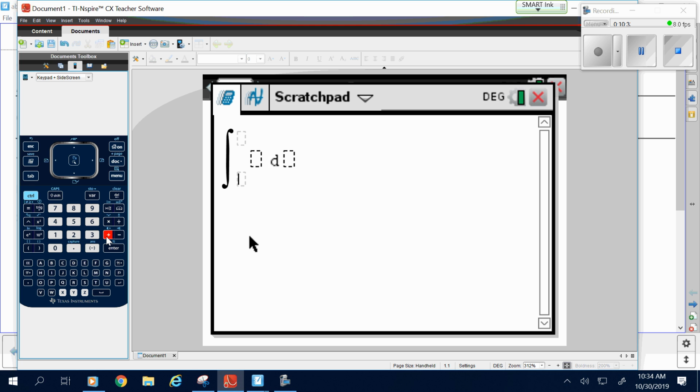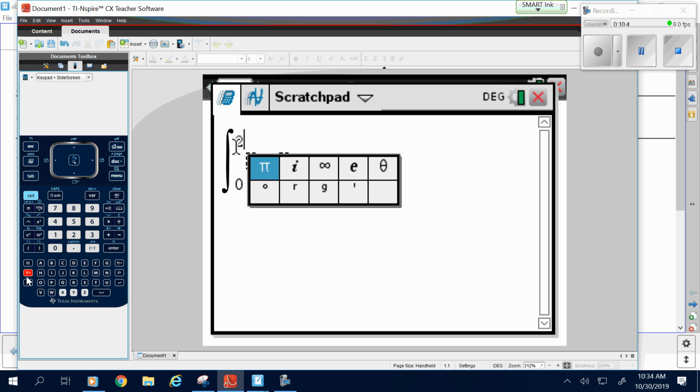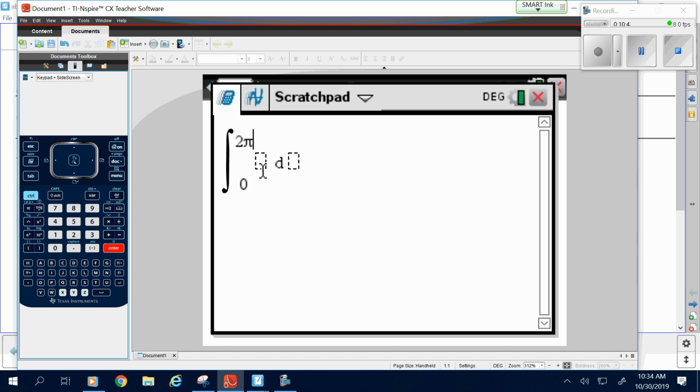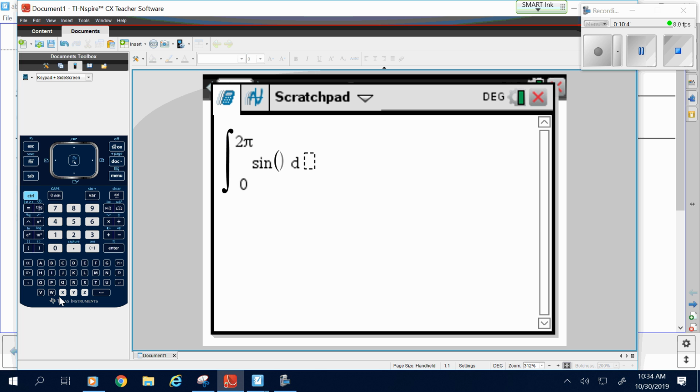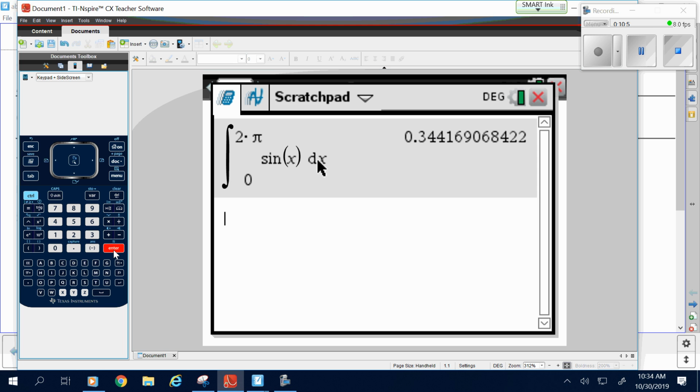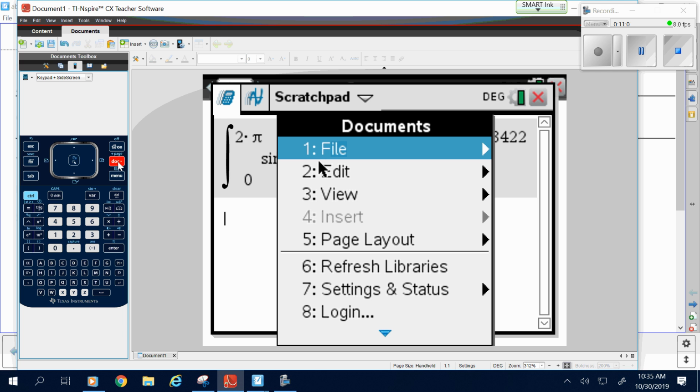Shift plus gives you a definite integral, and boom, you're rolling. You down? Okay, so if you go 0 to 2 pi, for example, of sine, I think is what I asked you to do. Is that correct? Just throw that in. Now we could obviously integrate that by hand, so that's silly, but I get something like that, which is not expected, and my calculator is in degrees, so that's a disaster.